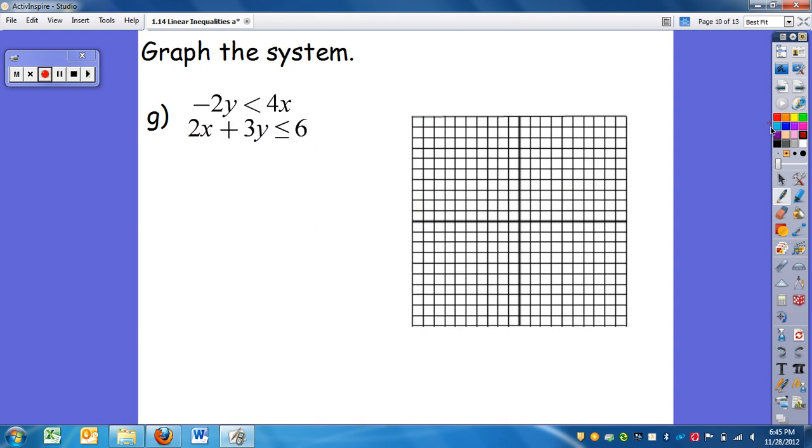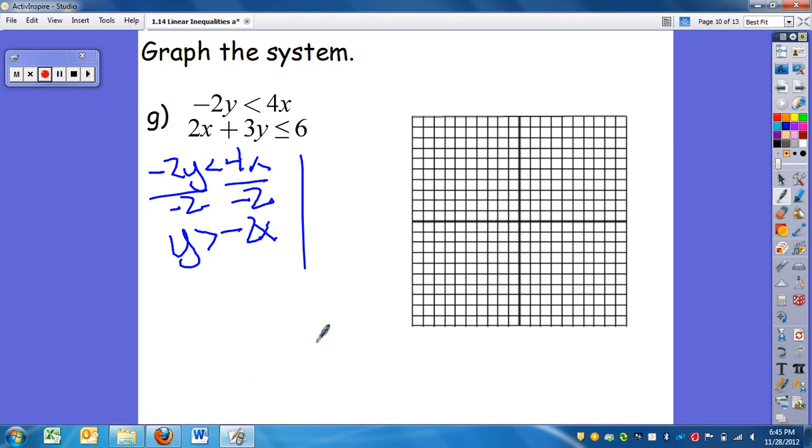Alright, so on G, again, I need to get y by itself. So I'm going to solve each one separately. I have -2. Again, those warning signs should go off. Oh, I divided by negative. I need to change my sign. And then the second one, I have 2x plus 3y is less than or equal to 6. I'm going to move the entire 2x over.